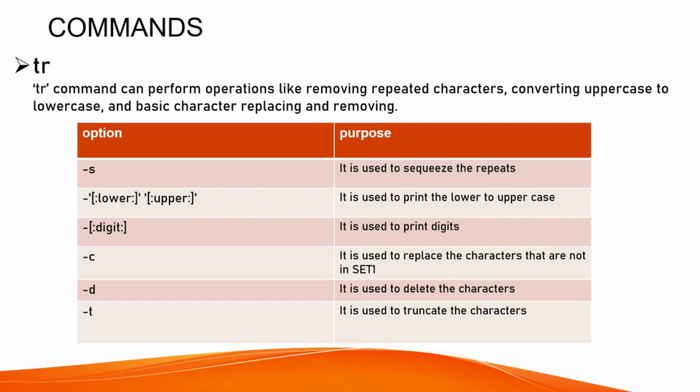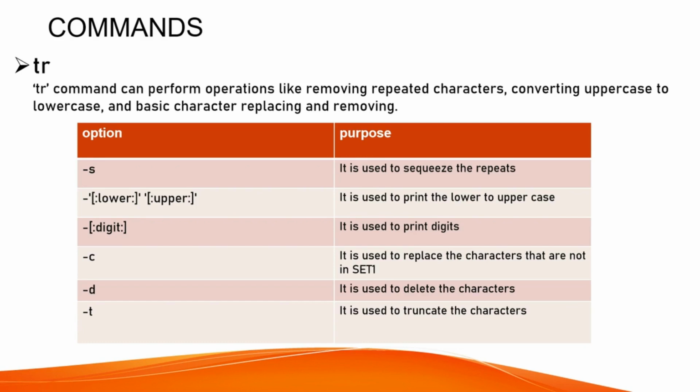The second option is lower and upper, which we will go through. The third option is digit, used to print the digits. The -c option replaces the characters that are not in set 1. We will go through a demo of this soon.